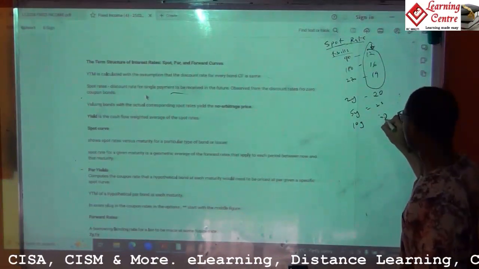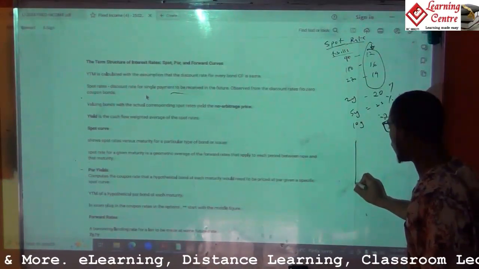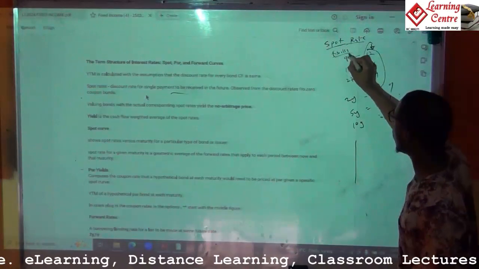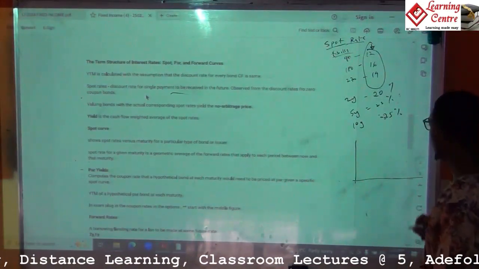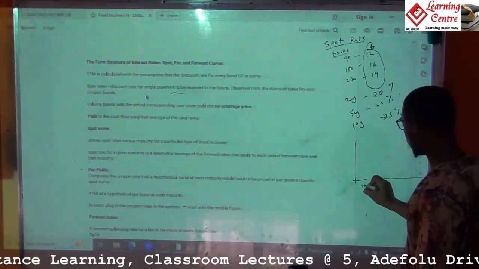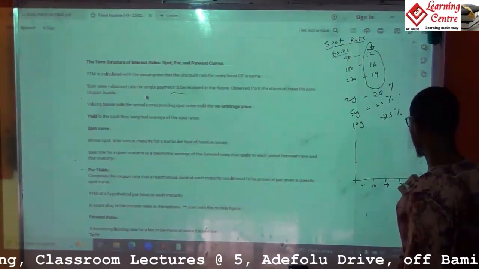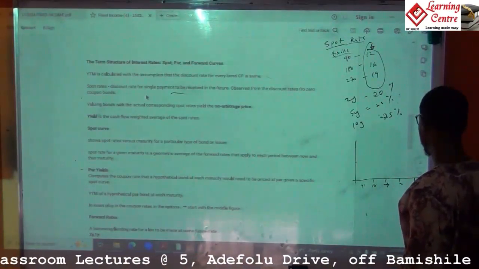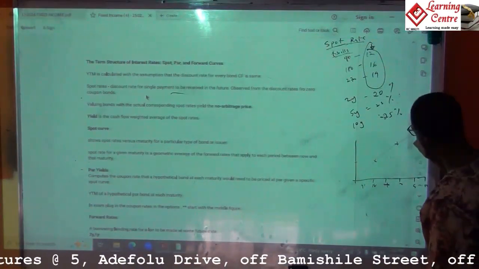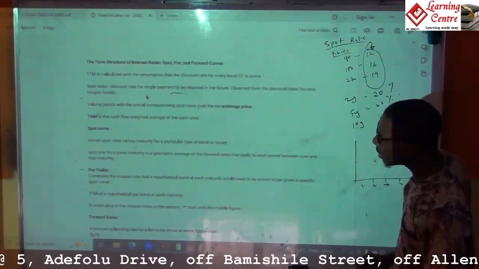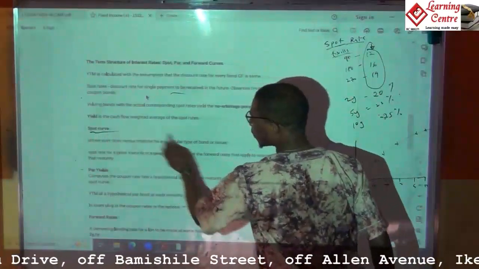So if I have all of this, looking at government treasury notes, and I grab these numbers: 90 days, 180, 270, 2 years, 5 years, 10 years. If I grab this, the line I come up with is what we call the spot rate curve. The spot curve.